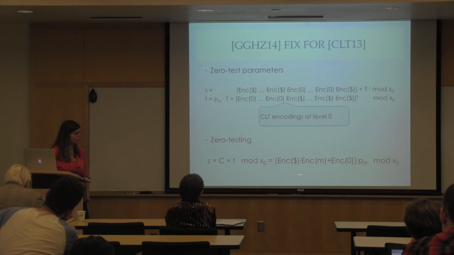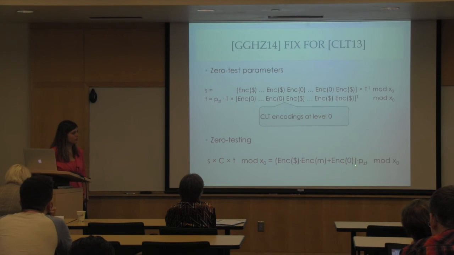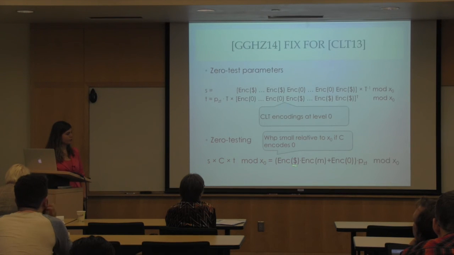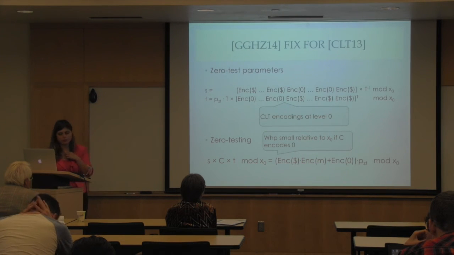And this expression now will be the expression that will be 0 tested with the original CLT encoding. So you can see that this one will still have the property that it's small when we apply the CLT 0 test, if and only if the message M was actually encoding 0, which will cancel this additional randomness.